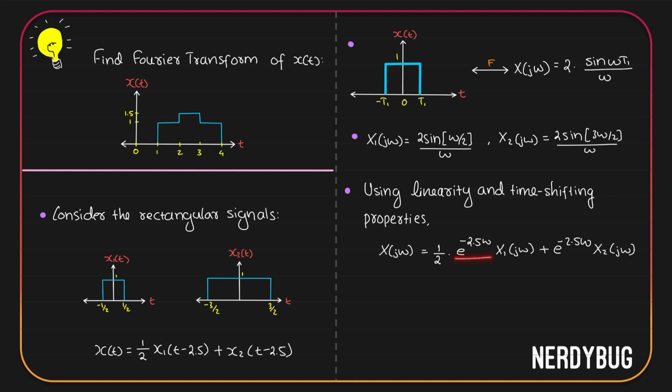Here e raised to minus 2.5 j omega is the extra e raised to minus j omega t naught we have to add because of the time shift of t naught units. And t naught here is 2.5.